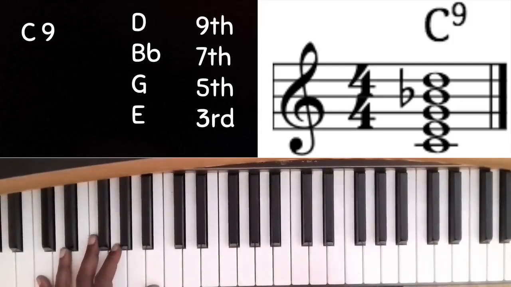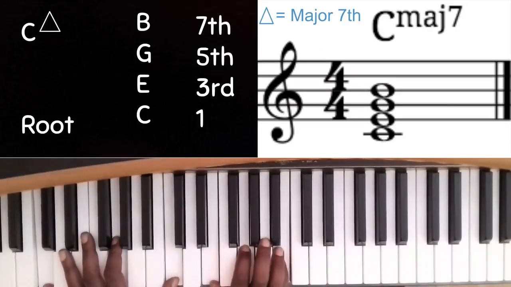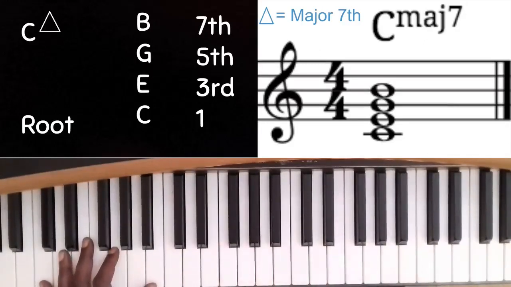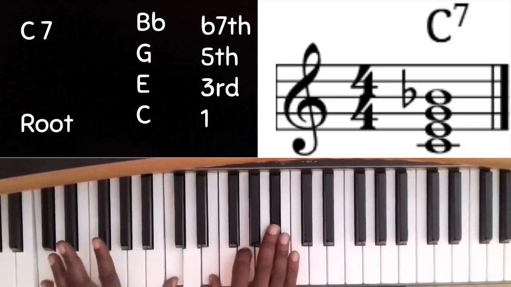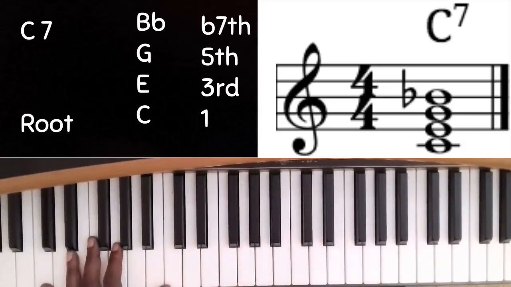When we're naming chords, if we say C7, that just means dominant 7th, a flatted 7th. If it's a major 7th, then we will say major 7th. If it's not said major 7th, it's just 7th, then it's dominant 7th, because we don't say dominant 7th every time we want one.